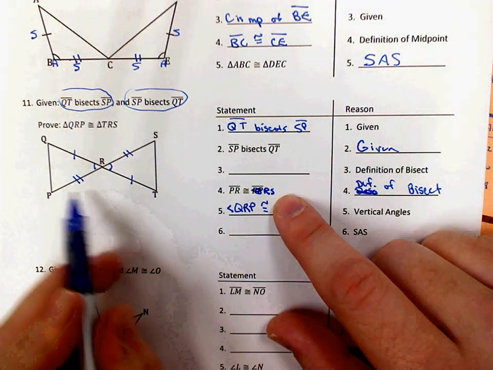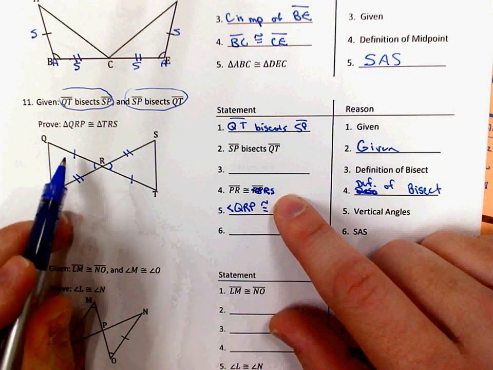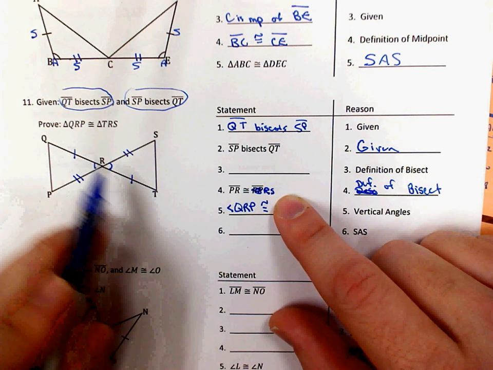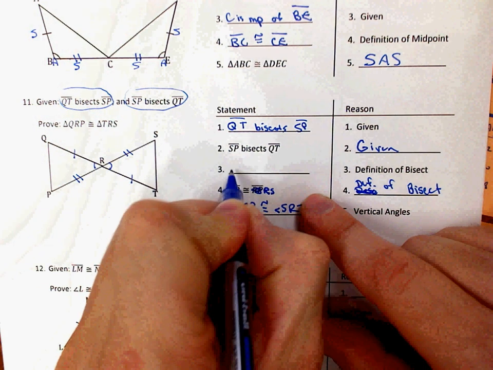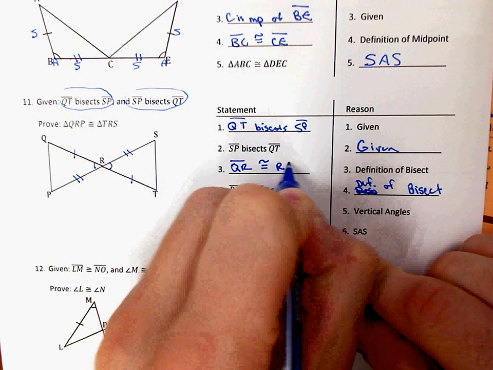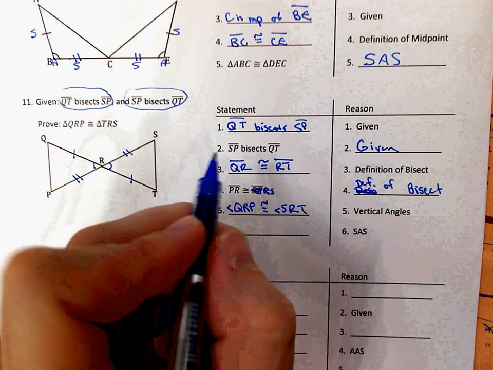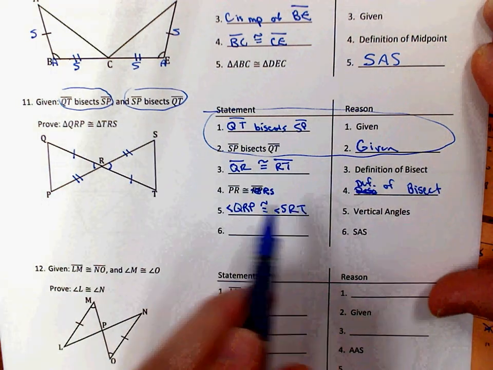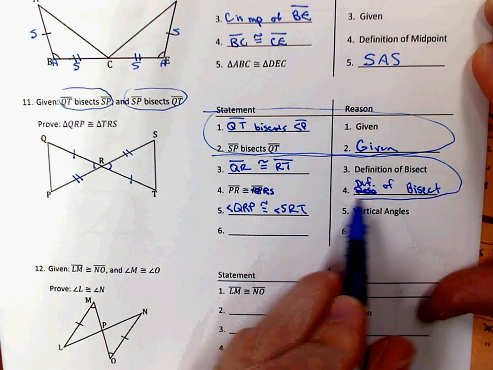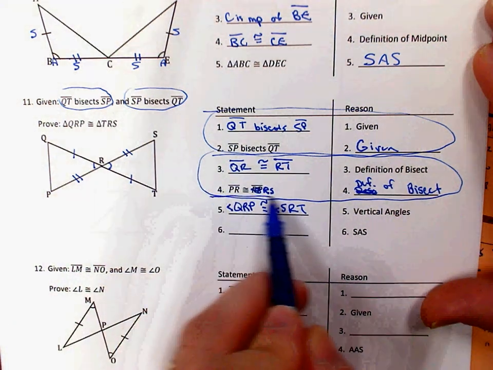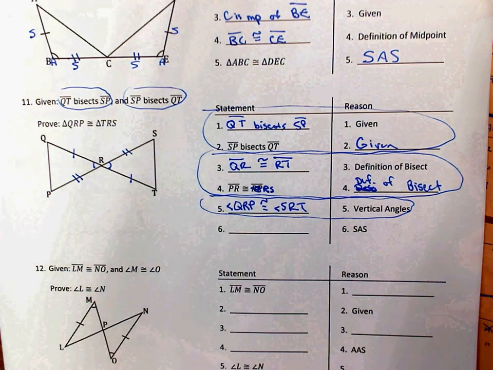Now I also have this segment that's cut in half. So QR is congruent to RT, and that would be the exact same reason. So on this one, to break it apart and make it easier, you've got two given statements. You've got two things that are bisected, same reason, two separate things. You've got a pair of vertical angles, and that all leads you to prove that the triangles are the same.